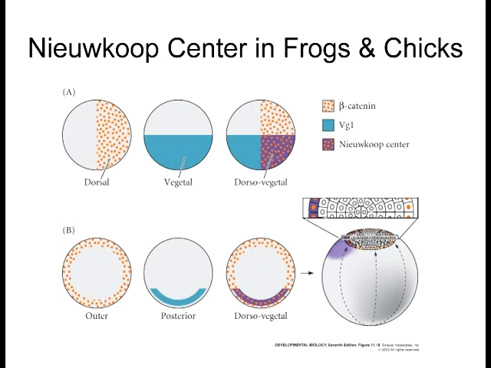Well, let's look at the chicken embryo. Instead of having beta-catenin to one side or the other, beta-catenin is just around the periphery of these epiblast cells that are forming. Here, in the most posterior end, you get crossover between beta-catenin and Vg-T and Vg-1. That forms the Nieuwkoop center.